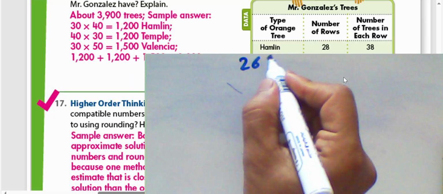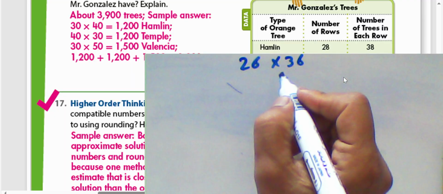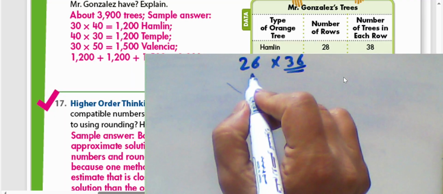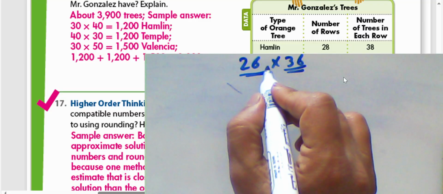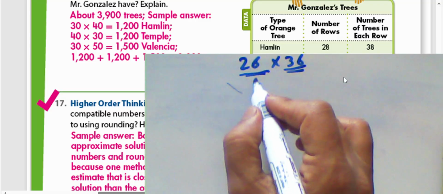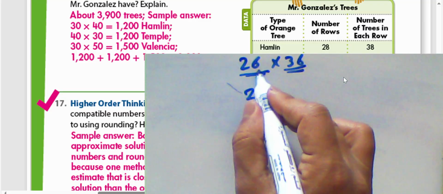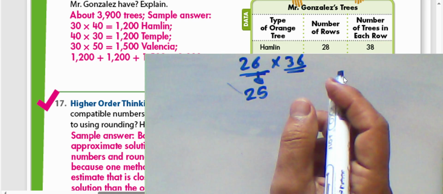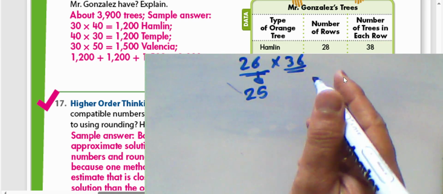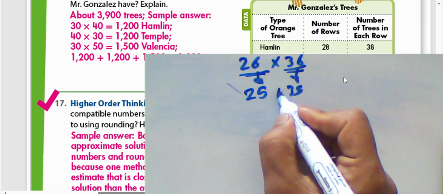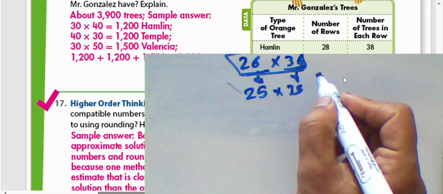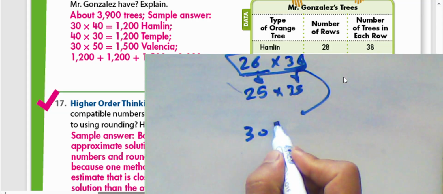Like this. If we have 26 product by 36. This number nearest to 30 and this number nearest to 40. And also 26 nearest to 25 by using the compatible numbers method, and 36 nearest to 35. But if you approximate these numbers, the result will be 30 product by 40.